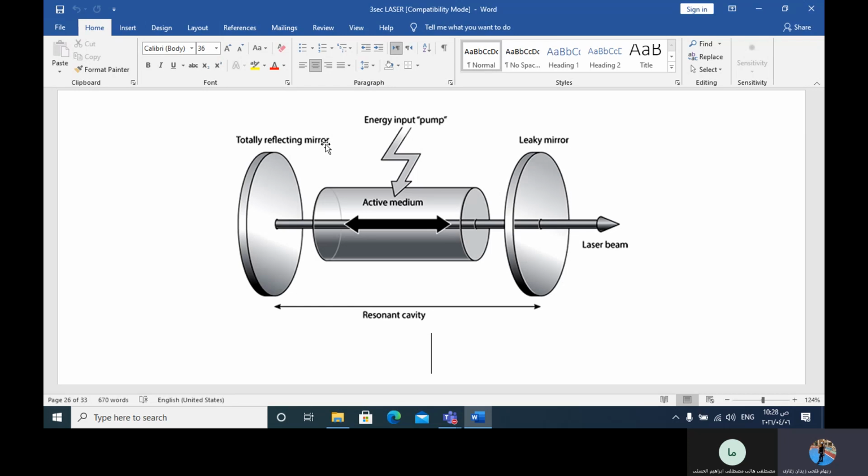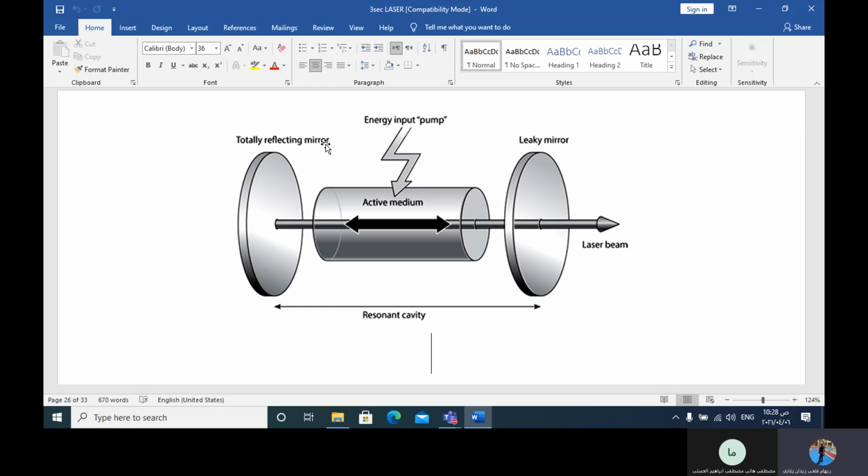One mirror completely reflects any photons, and the other can leak some photons, so its reflection is not 100%.